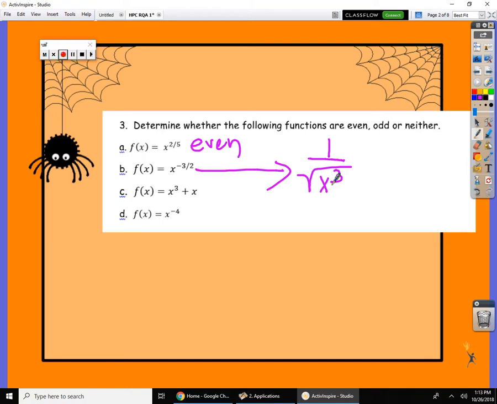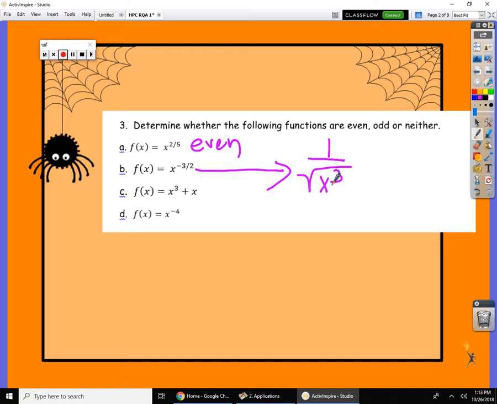All right, so let's do that test. If I replace x with negative x, can I answer this problem? No. Why not? I can't root a negative number.